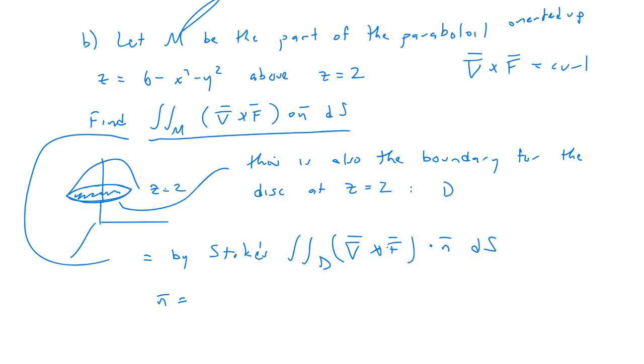And the compatible part says, and let me look at this disk from above, the compatible vector is by the right-hand rule. So if I curl my fingers in the direction of that arrow, my thumb is giving me the direction that's compatible.